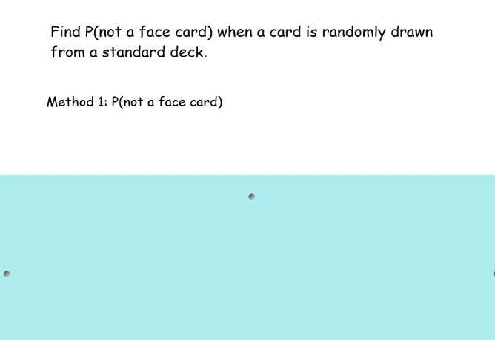Find the probability of not a face card when a card is randomly drawn from a deck. So you want to think of how many cards are not a face card. So we have ace through 10 of all 4 suits. So that's 40 out of 52, which when we simplify, we get 10 out of 13.